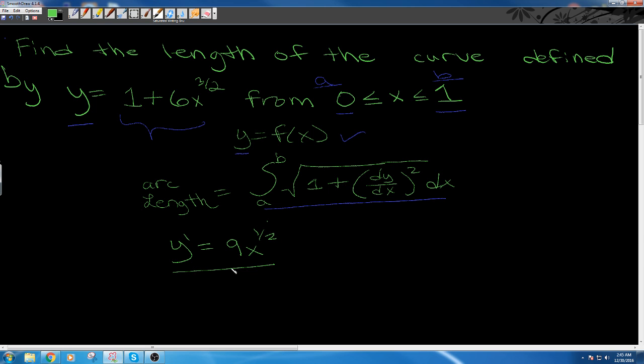That's our y prime. Remember, dy dx is the same thing as y prime, so dy dx equals 9x to the 1 half. There we have our dy dx.